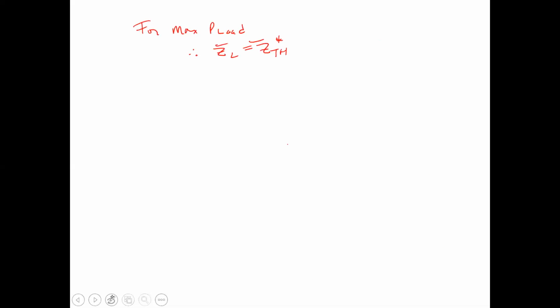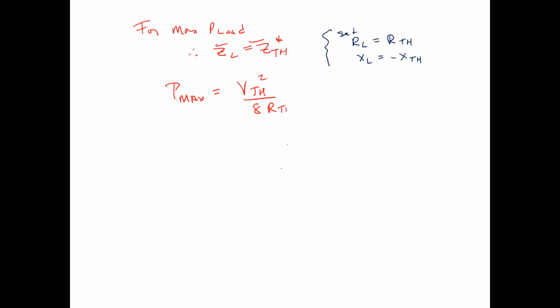In other words, set RL equal to R Thevenin and XL equal to minus X Thevenin. And when that happens, the P max will equal V Thevenin squared over 8 R Thevenin.